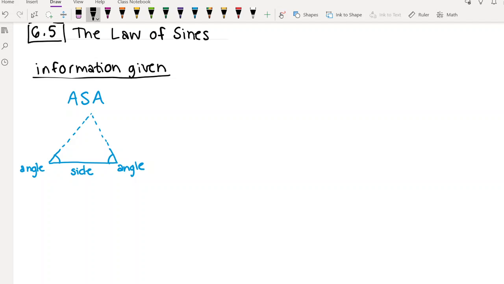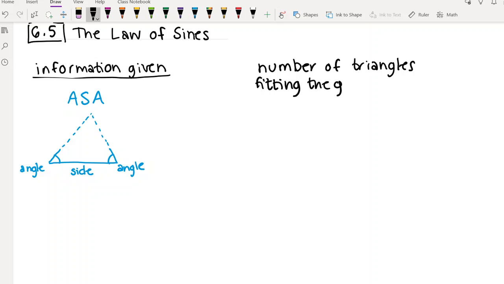But the thing I want to focus on here is the fact that there's only going to be one possible triangle. So let me write that down and then I'll explain why. Number of triangles fitting the given information. If you have an angle, a side, and an angle, there's only going to be one possible triangle that goes with them.